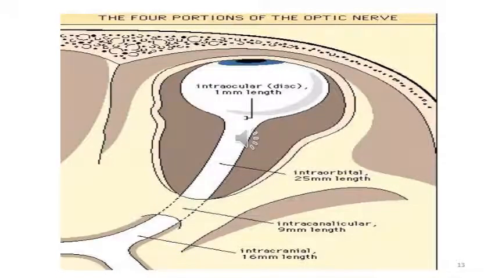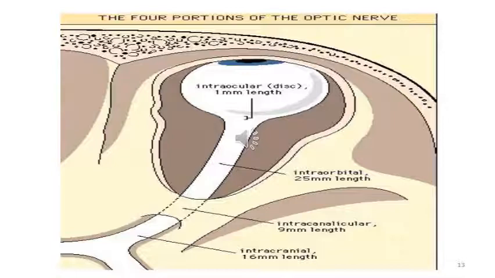The optic nerve is made up of 4 segments. We explained the intraocular portion, which is the optic nerve head or optic disc. It's 1 millimeter in depth and 1.5 millimeter in vertical diameter. The second part is the intraorbital segment, which is about 25 to 30 millimeters in length.